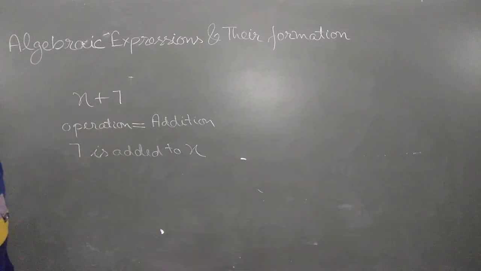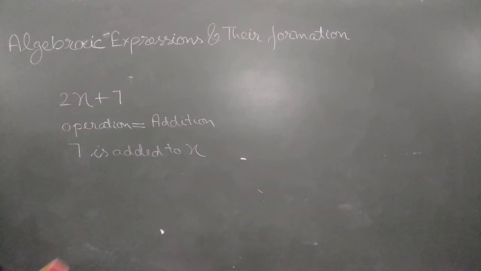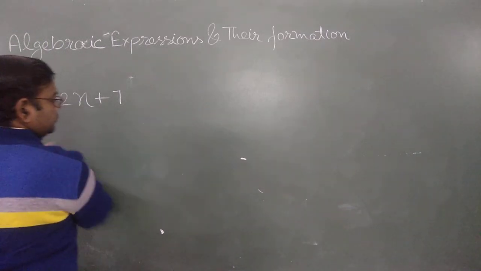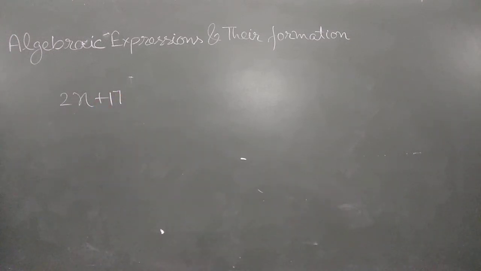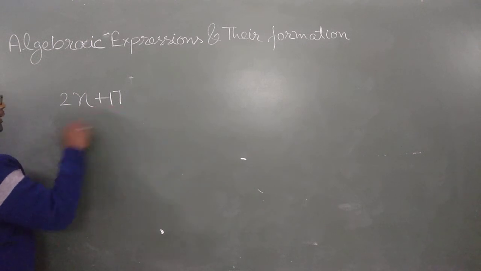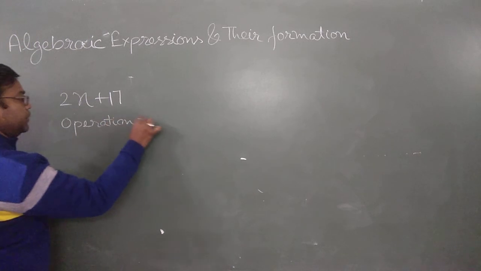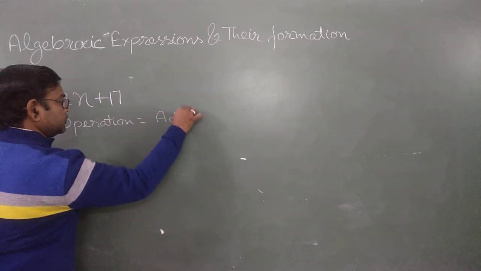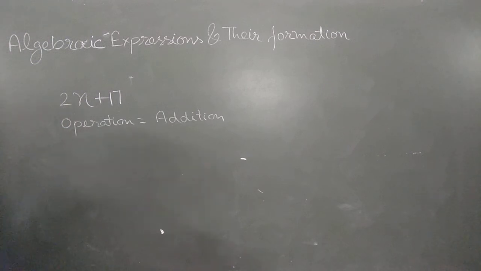Likewise, we have the other one. It's 2x plus 17. Which type of operation is there? Though the multiply sign is hidden over there, you can easily write down the operation is addition, because your addition sign is visible to us.